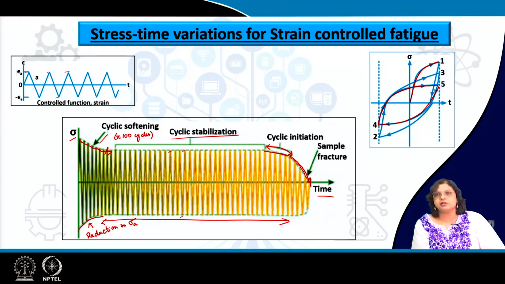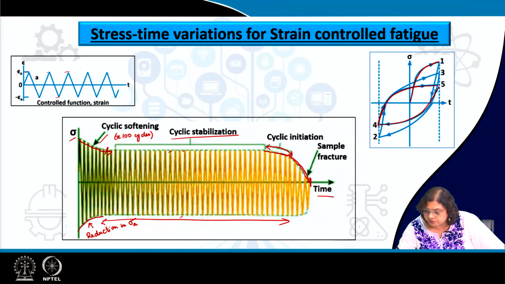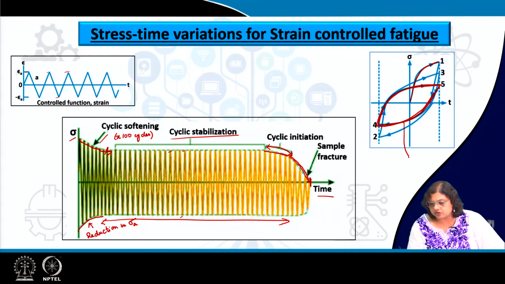After that, within a few hundred cycles, once it gets stabilized, the points will just be repeating, or the graph will just be repeating itself. So, this red hysteresis will be the stabilized one, so that there is no change in the stress strain curve. So, this is the stabilized hysteresis loop.